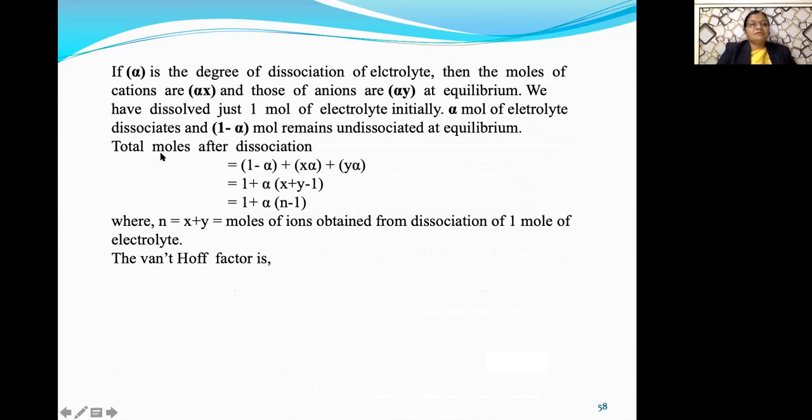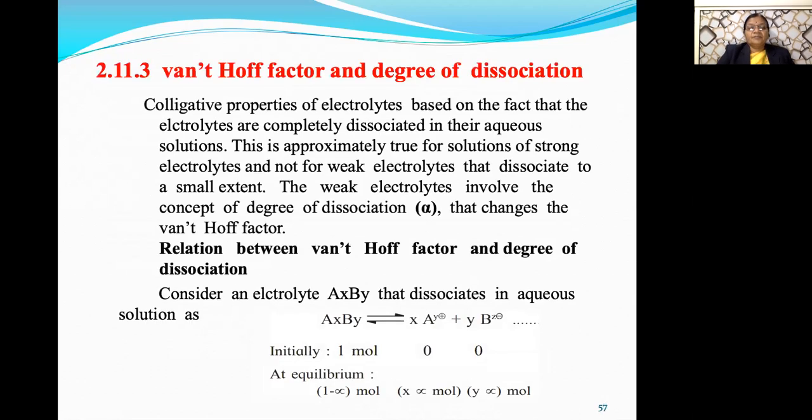Now after dissociation, the total number of moles is the sum of all these: 1 minus alpha, x into alpha plus y alpha. See again, at equilibrium, the total number of moles is 1 minus alpha for this AxBy, which is the unionized electrolyte.